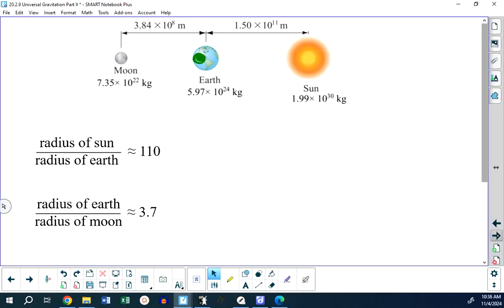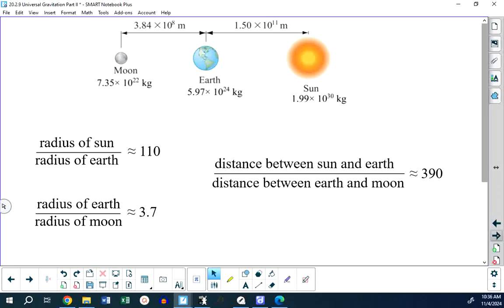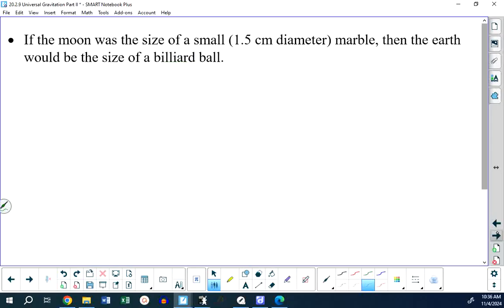So this is all out of whack. The distance between the sun and the earth compared to earth and the moon is 390. So this distance, whatever it is, on your handout and in your textbook, if you multiply that by 390, that should be where the sun is drawn. I'm just pointing out the discrepancies here between all of this.